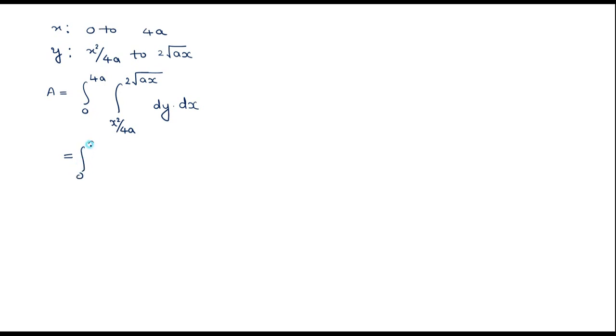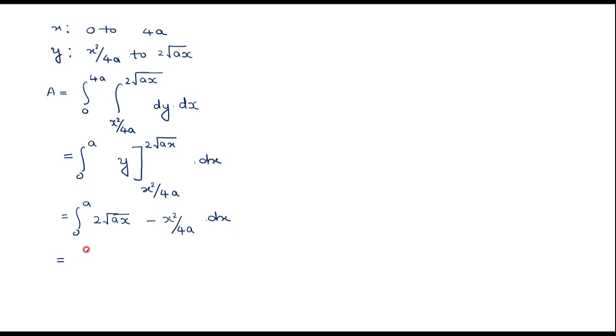On integrating, the integration of dy is y. So it is 2 root of ax minus x square by 4a, and putting the limits 0 to 4a, the integral of 2 root of ax minus x square by 4a dx.